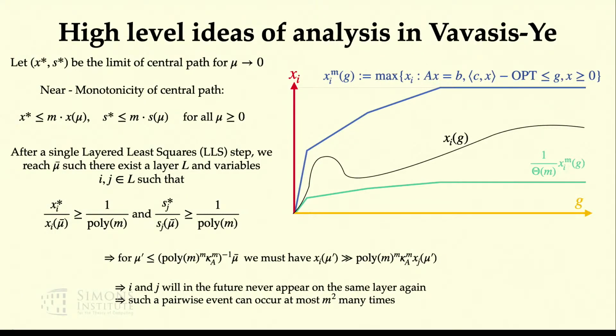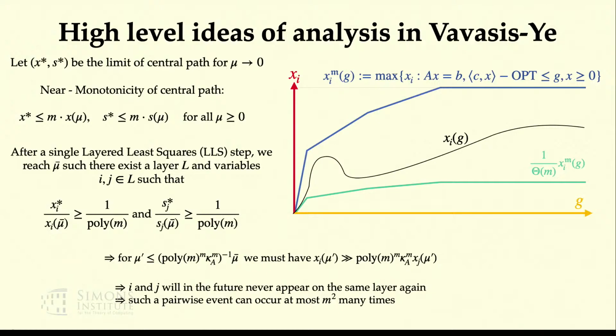And an important property that they exploit is that the central path is essentially monotone, up to a factor of m. By that I mean that if you look at the optimal solution x star, then each entry is at most n times as big as the entry that you've seen at any point on the central path before. And the same thing on the dual side.